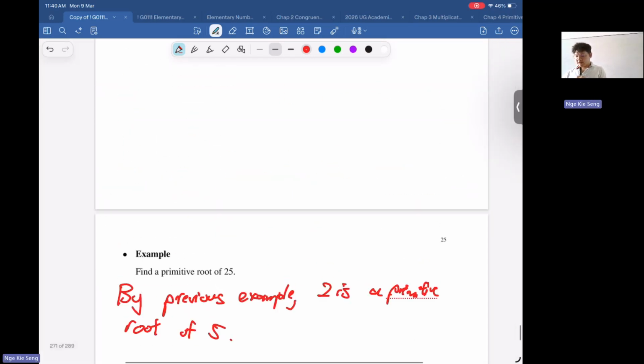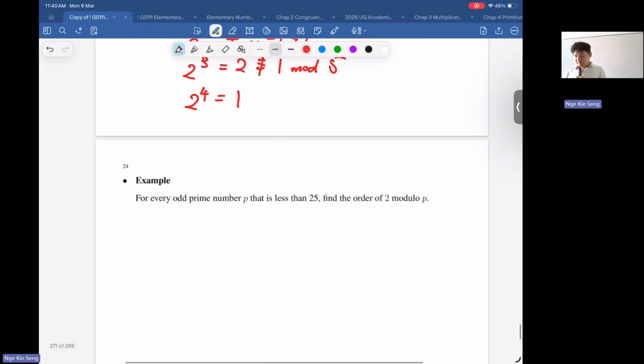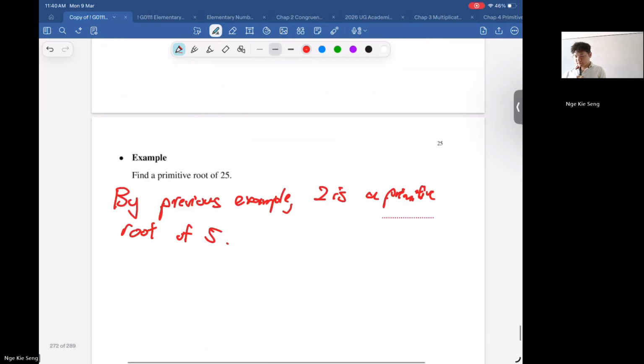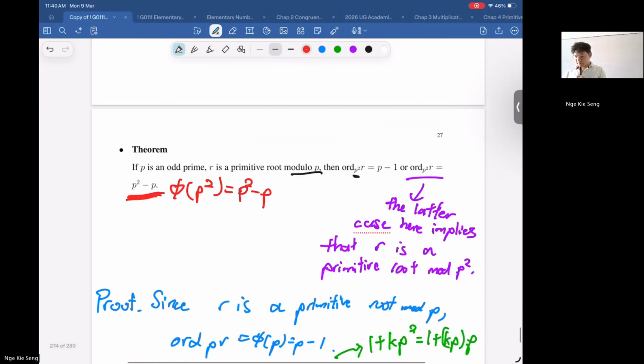So we have this theorem that tells us that the order of a primitive root modulo p squared is either p minus 1 or p squared minus p.